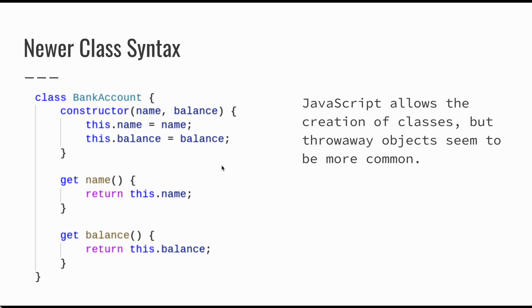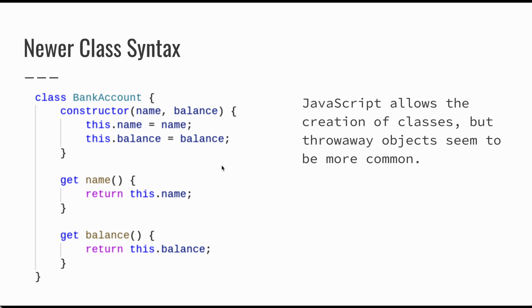There's also a class syntax that's been introduced more recently in JavaScript, and this allows you to provide a more specific structure for your classes. This is useful if you're going to be writing larger applications that need to have some centralized or very specific definition of classes.